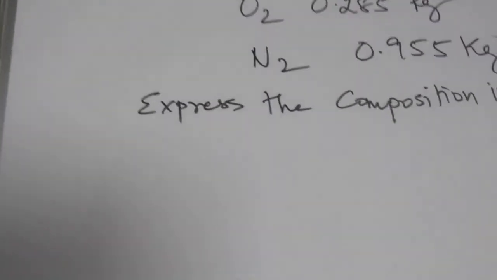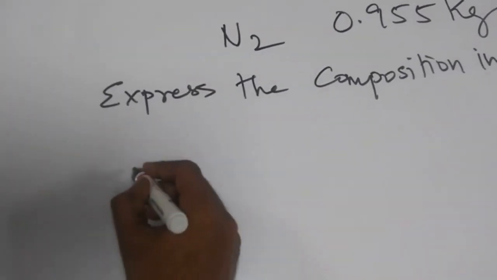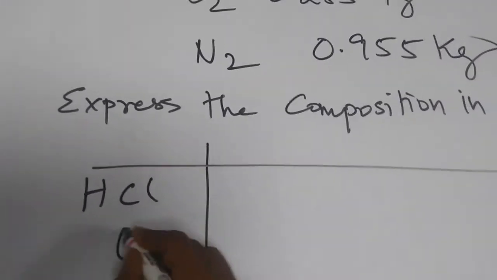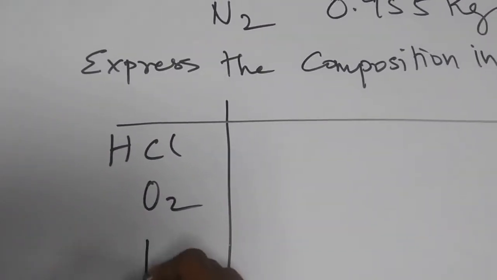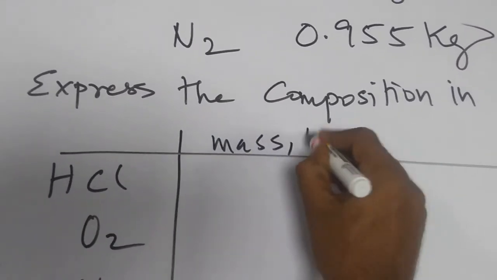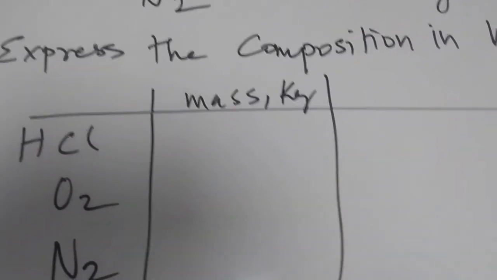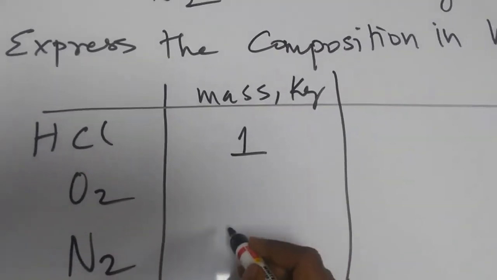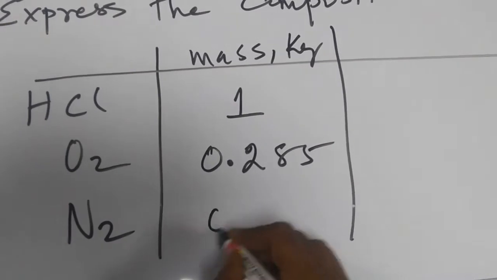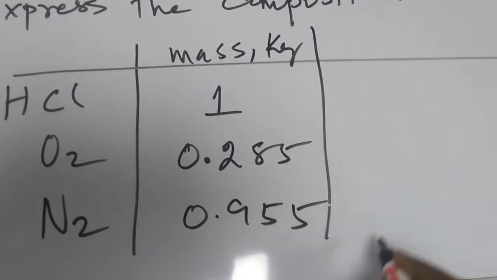So what we are going to do is, we will write the name of the constituent: HCl, oxygen, nitrogen. So mass is given, right? Mass in kg is given. So we are writing the given data: 1, 0.285, 0.955.